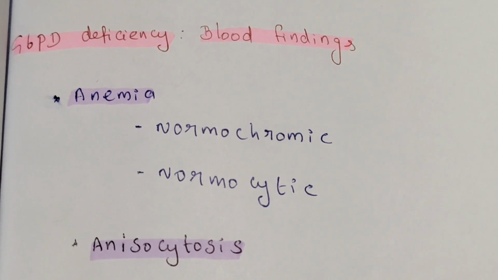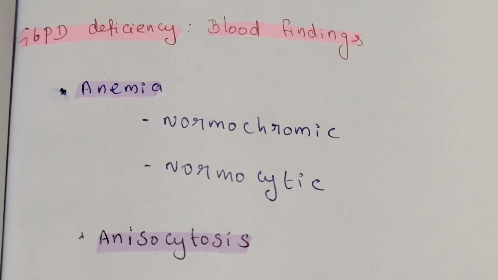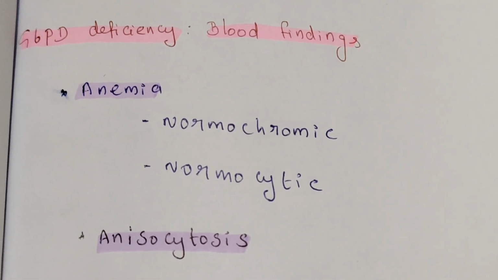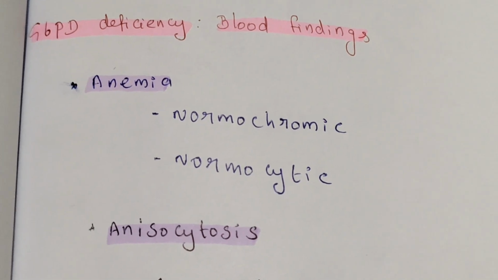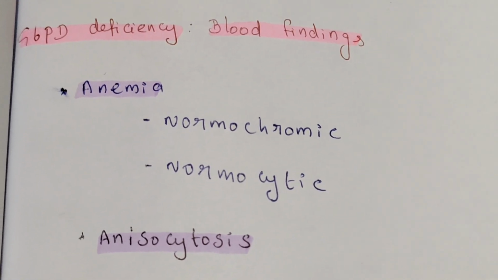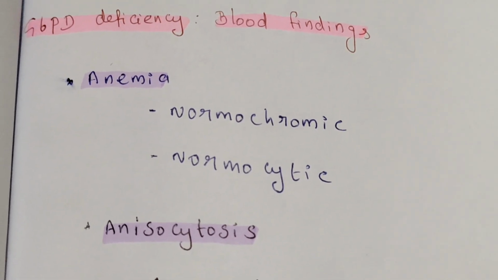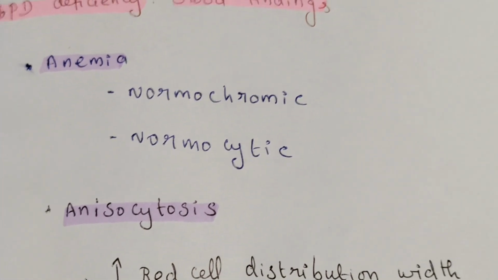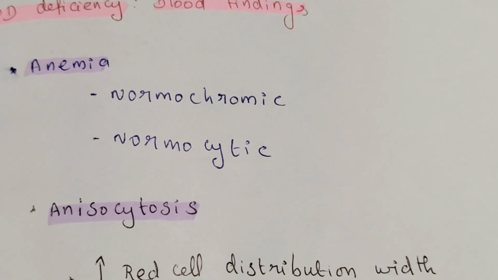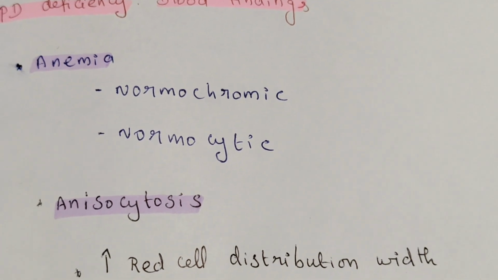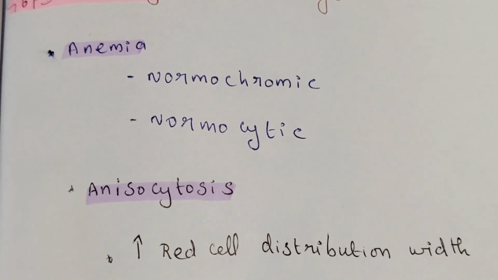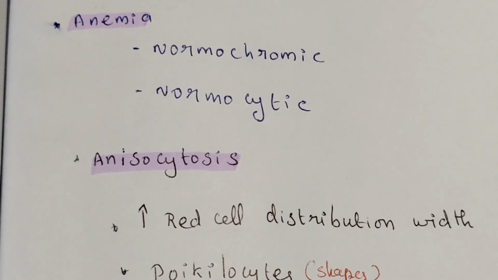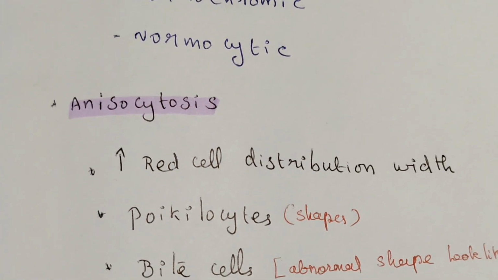So there is no change in color and the cells are typically normal, with normal color and normal cell size, but in some cases it will show anisocytosis.